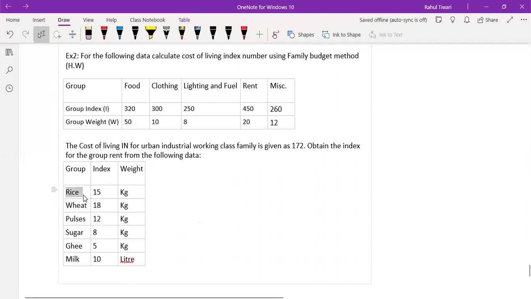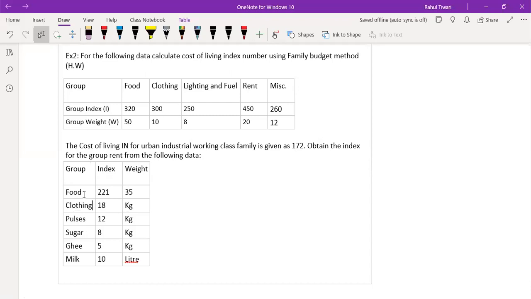So this is food, with weight 35. We have clothing, and we have this much index for clothing. Then we have cost. Anyway, I'm just putting some numbers. We have fuel and lighting.